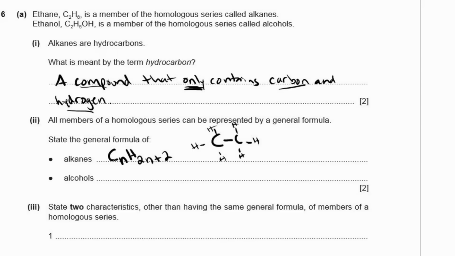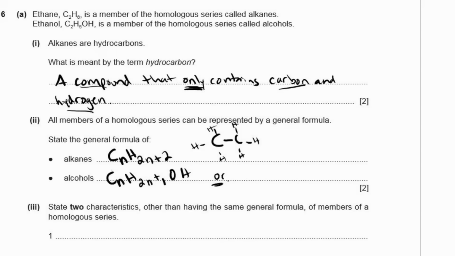Okay, so the general formula for alcohols is, there's 2 options. You can say CnH2n plus 1 OH. Okay, you have to make sure that the 1 is still small, a subscript rather than large.